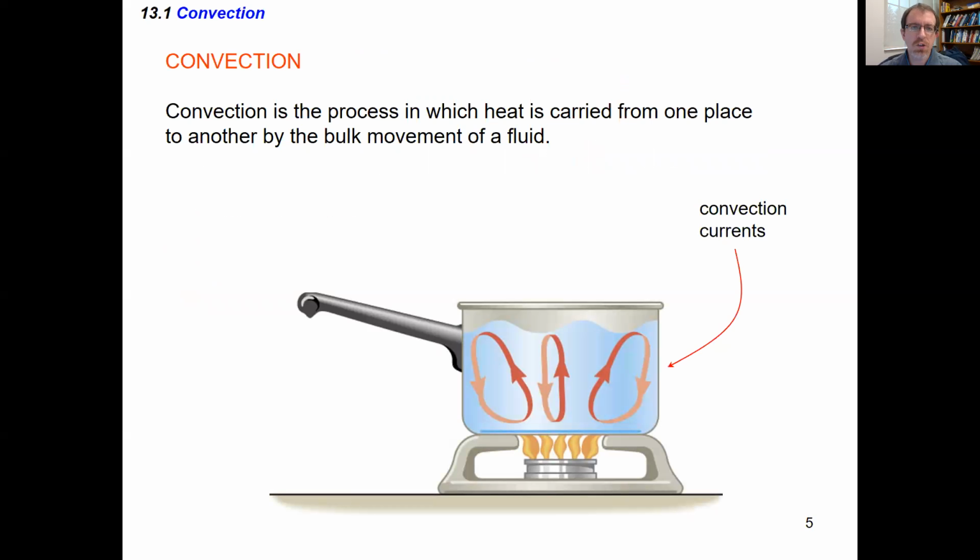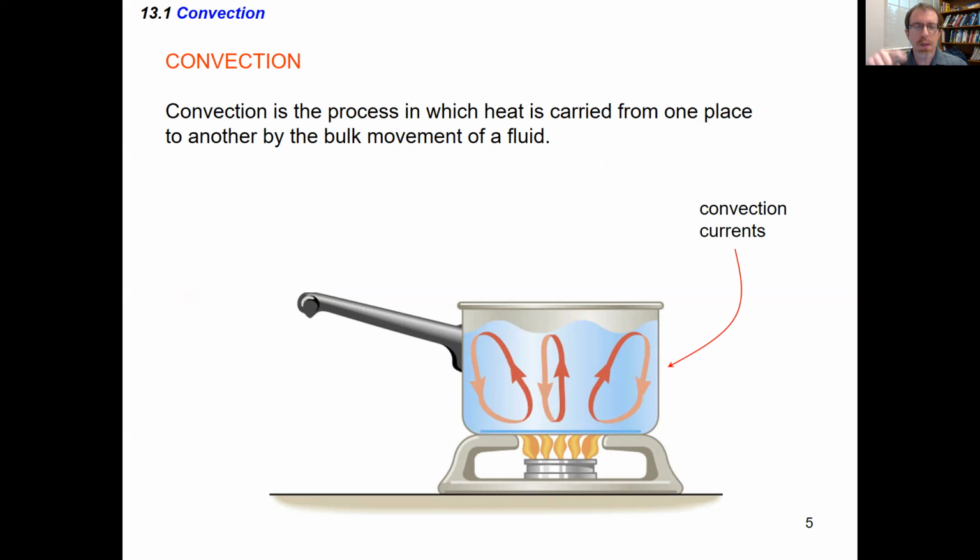All right, so in convection, what we have is a fluid that has temperature differences throughout the fluid. And then the hotter fluid is going to rise, displacing cooler fluid. And that cooler fluid is going to sink.